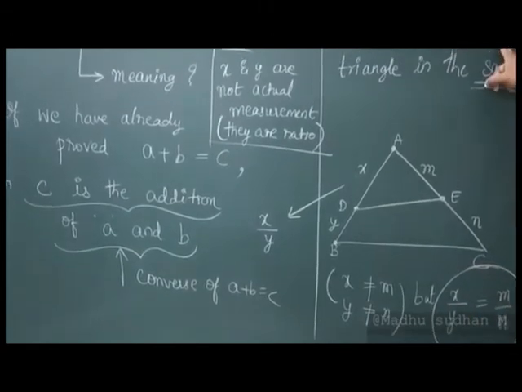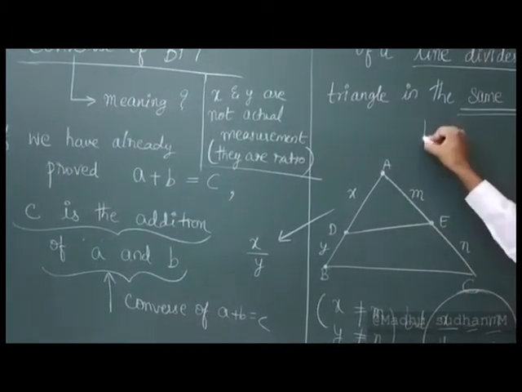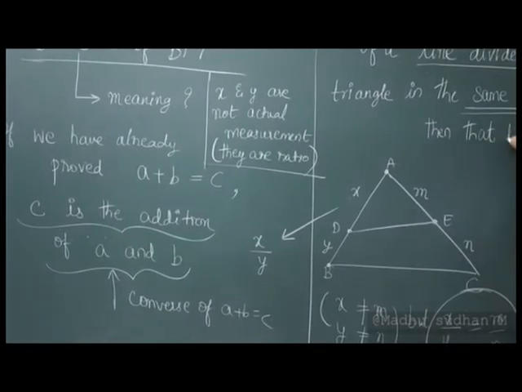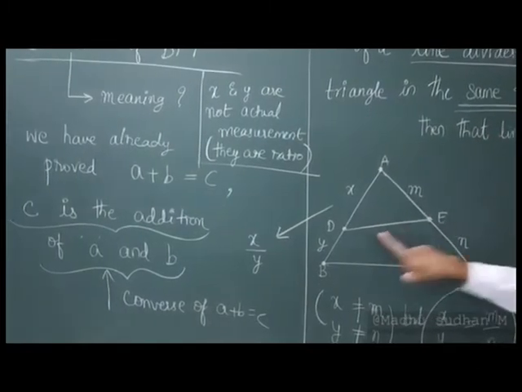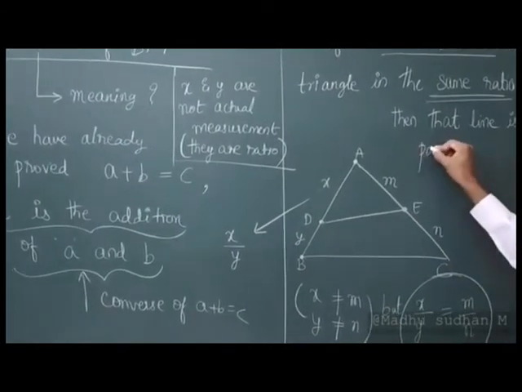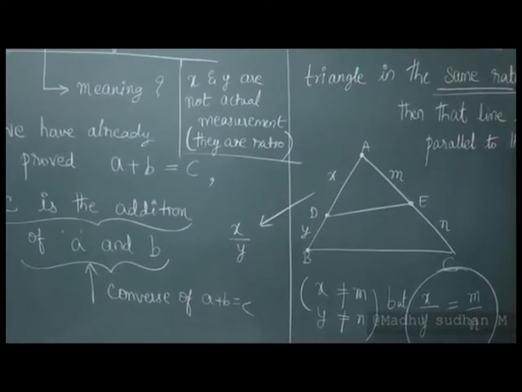If a line divides a triangle in the same ratio, then that line, so which is that line now? So in this figure it is DE, then that line is parallel to the third side.